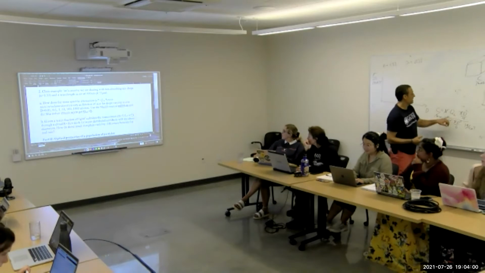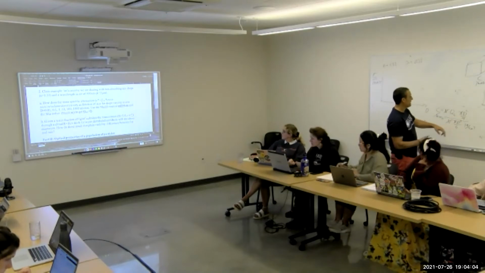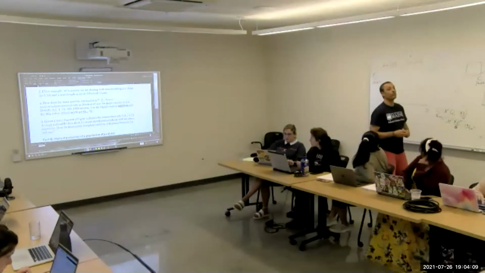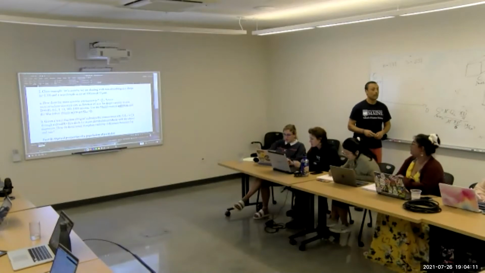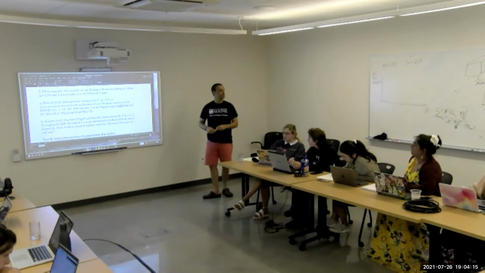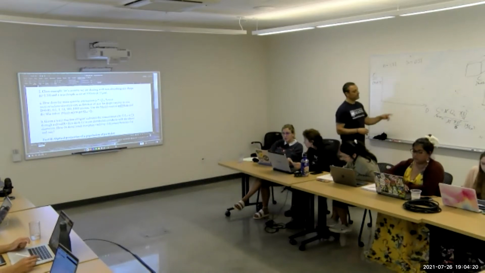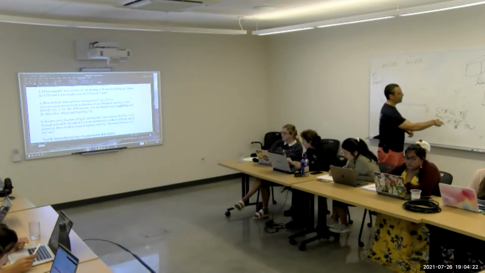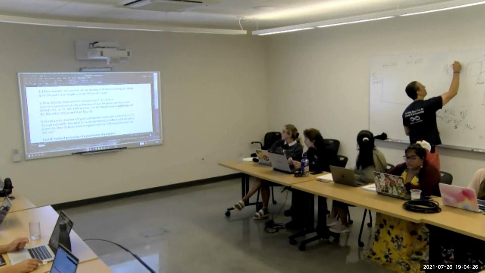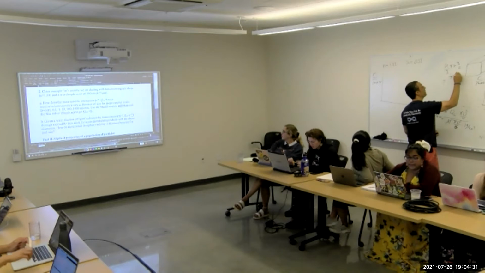Sorry, what was it? Pi over 6. Sorry. This is just the volume. Yeah, it's the volume of the sphere. It's 4 over 3 pi over 8, which is equal to pi over 6.